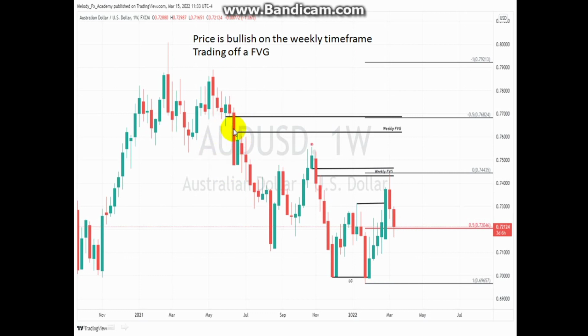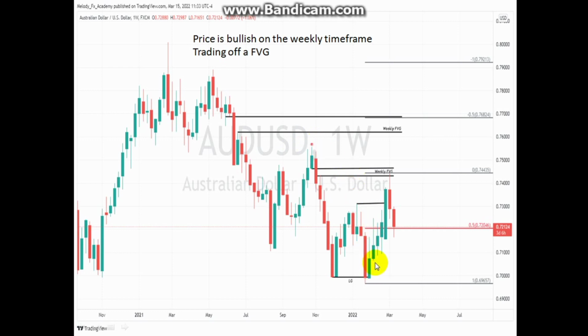Now I want us to take a good look at this. Remember, in our previous video we called that the Aussie dollar should be trading into this weekly fair value gap, and probably could reach for this old high that has buy side liquidity resting above it.